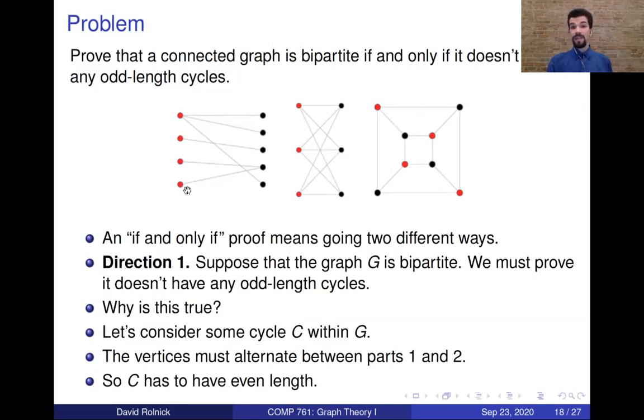That's because this graph is connected, so if you follow these edges around, you're eventually going to come back. And if you come back, then it will have to be an odd length because everything else is alternating, and the only thing that is out is the new vertex.